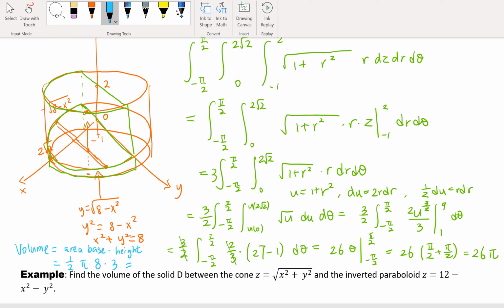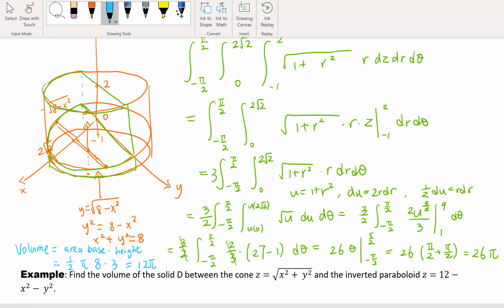So, okay, let's see. So this is just 8. 8 over 2 is 4. 4 times 3, 12 pi.